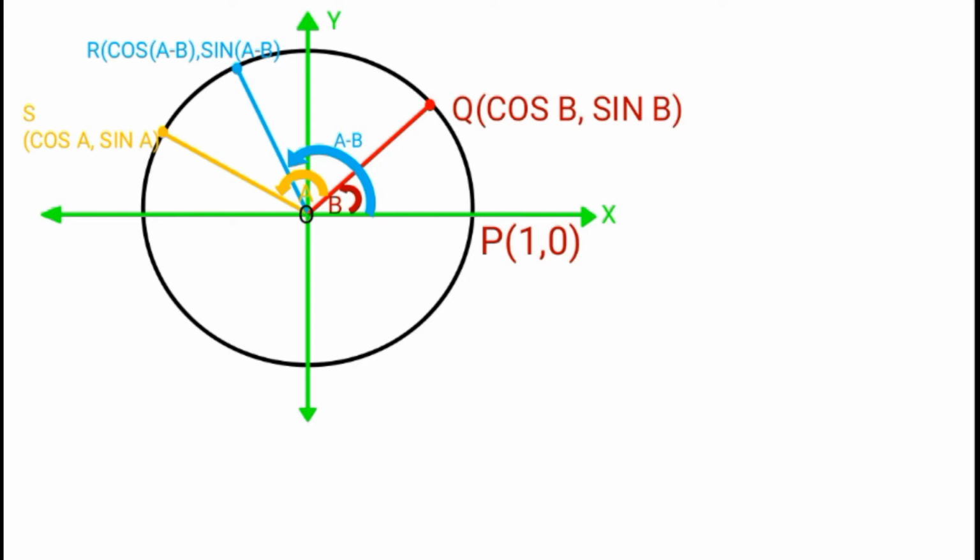That leaves you this new angle here on the blue line, and we're going to call that A minus B. That will give you a point on the unit circle that we're going to call R. And it has an ordered pair cosine (A minus B), sine (A minus B).